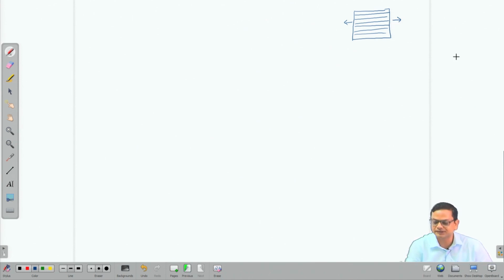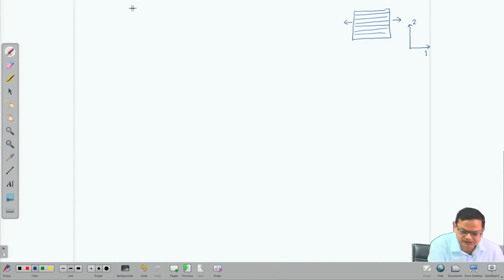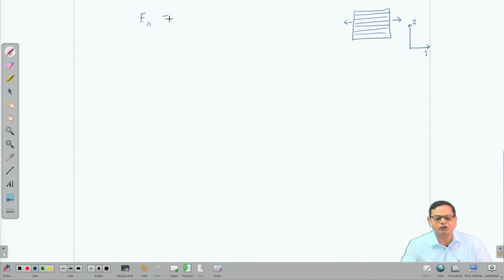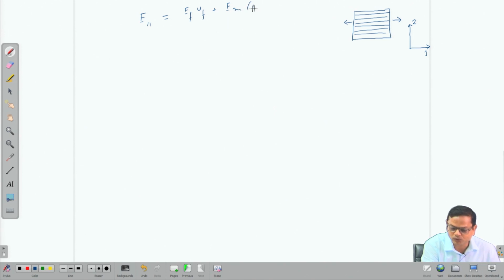In that case we can think about two principal directions, this is direction 1 and then we have direction 2, and the modulus is written as E11, and E11, as you have already learned, is EF VF plus EM into 1 minus VF.